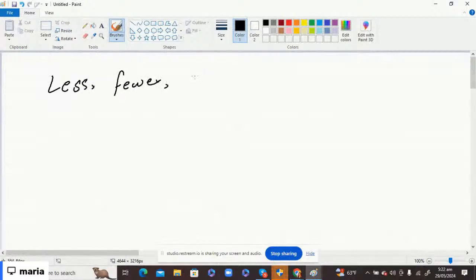If they are using the word less, the word fewer, they are using the word subtraction, they are using the word minus. It means this sign you are going to put. Here they are saying that Grayson earned 9 fewer than Dina.